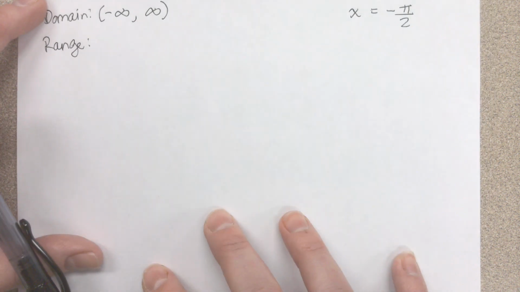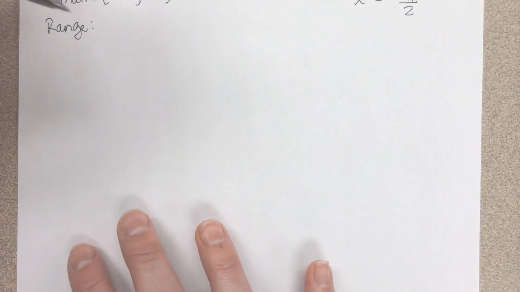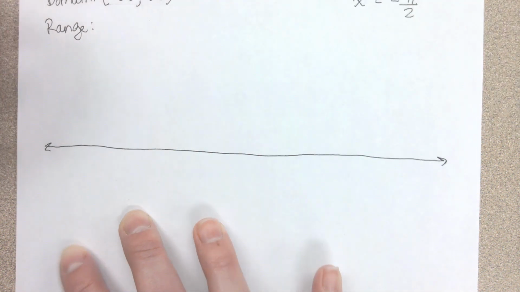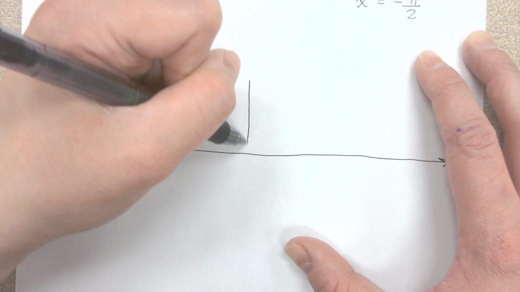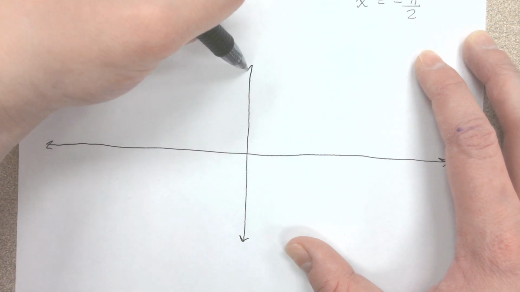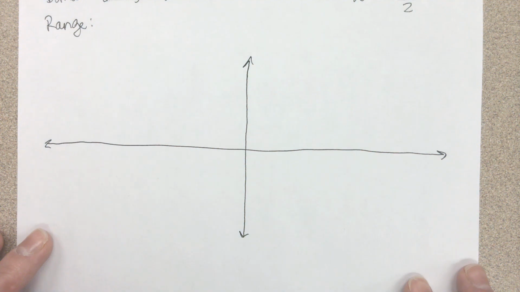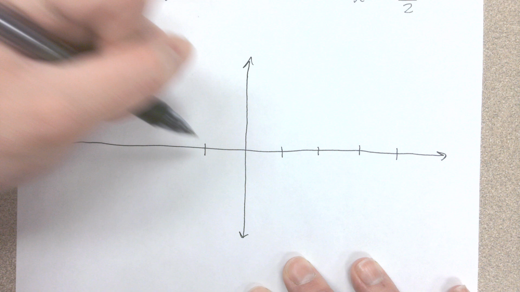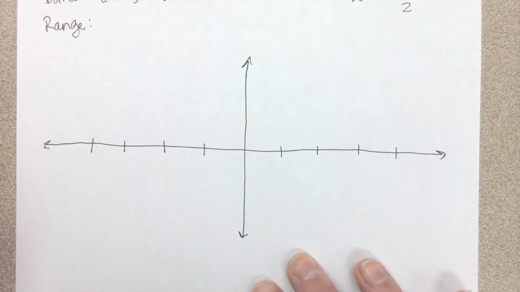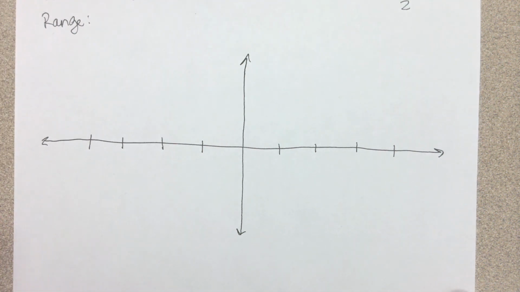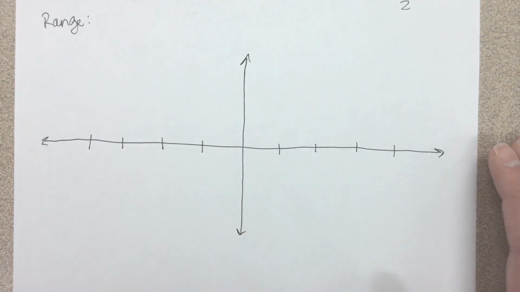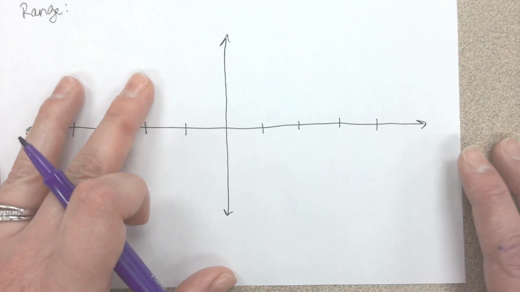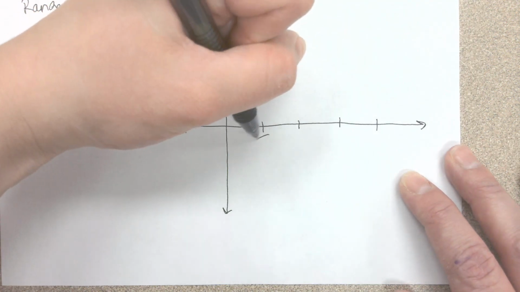Okay. Let's draw our axes. Four intervals to the left and the right. Our interval value is pi over 2, so the first interval here gets a pi over 2.